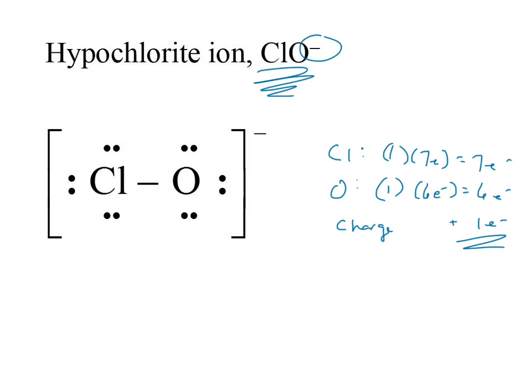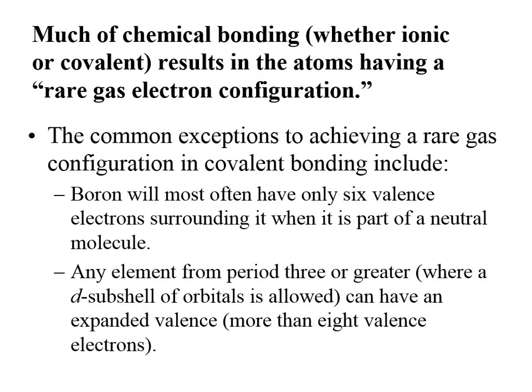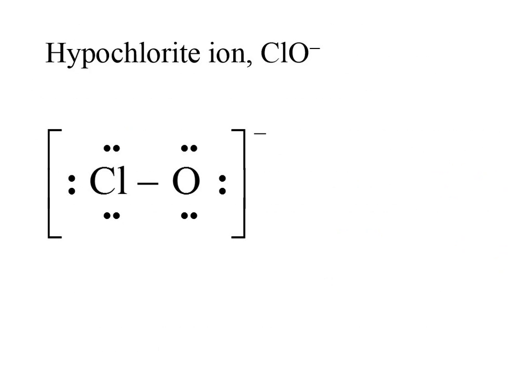All right, so I got 14. Let's see, 2, 4, 6, 8, 10, 12, 14. Bingo. Now, how are we doing with complete octet? Pretty good. Set of 8 electrons. Yep.